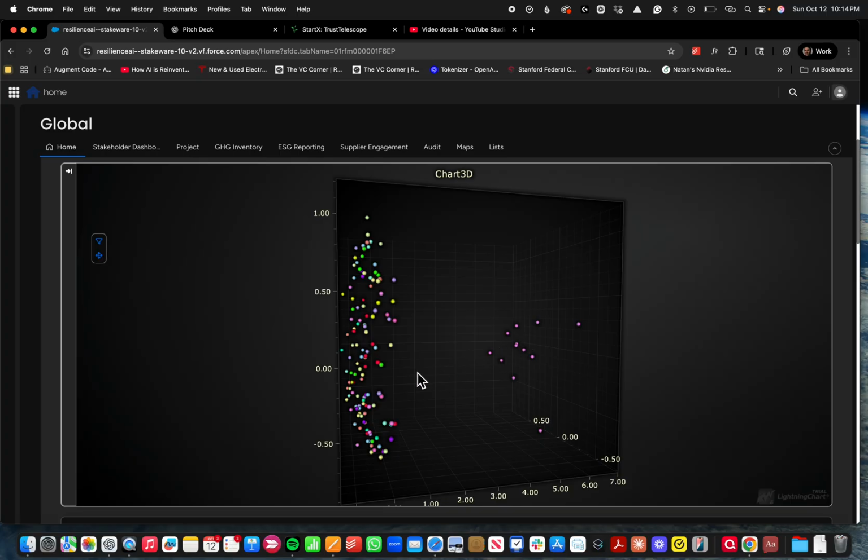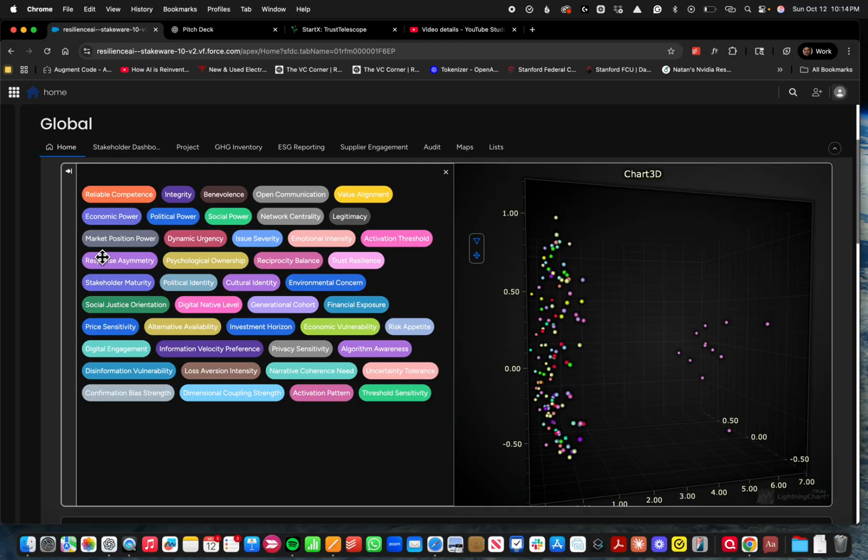Now, what we've done, and this is just a representation of this mathematical space that we've created, is come up with a multi-factor analysis that uses a lot of different dimensions to try to understand the movement of these stakeholders. So, for example, we can say, show me which stakeholders are the most activated.